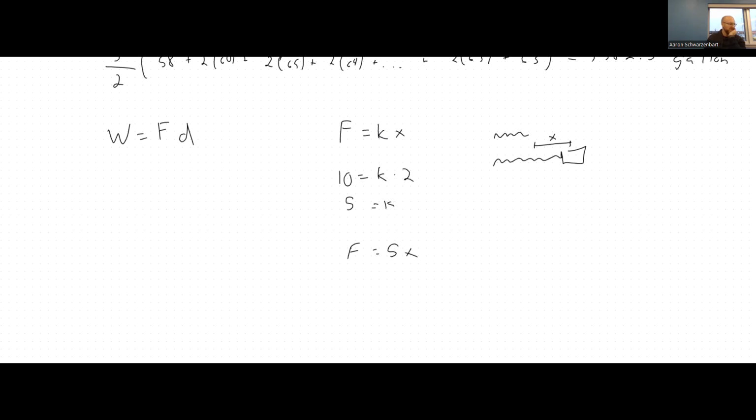Now work can also be thought of as the integral of your force function. Because this is not a constant force, you cannot just do force times distance. The further you stretch that spring, the harder the force required is, right?